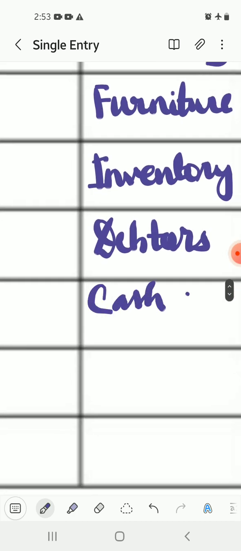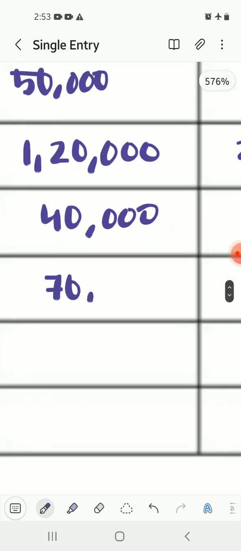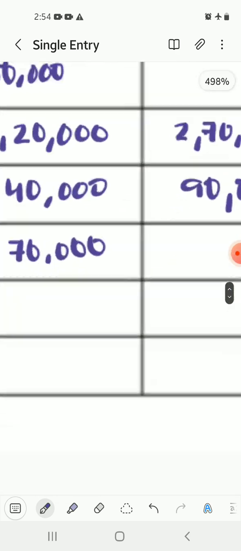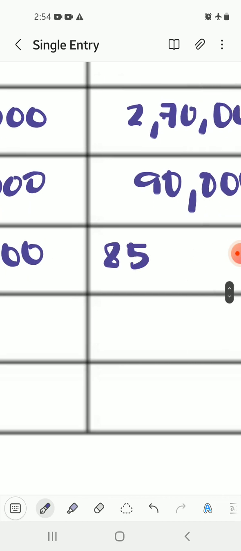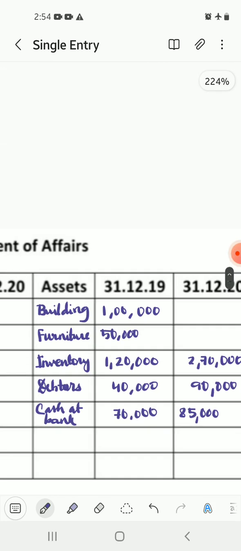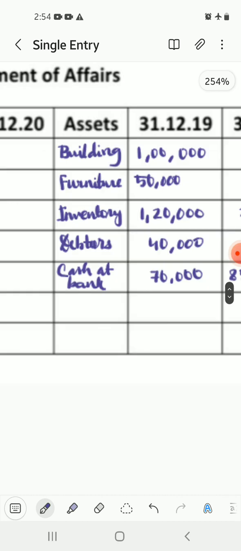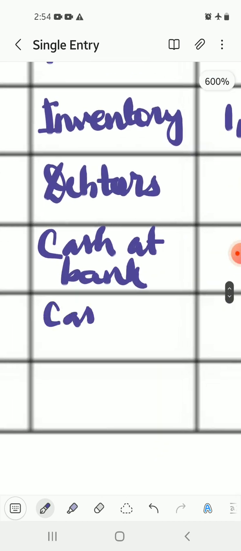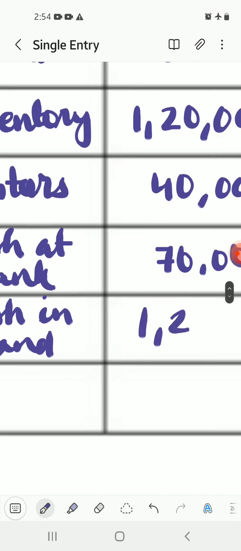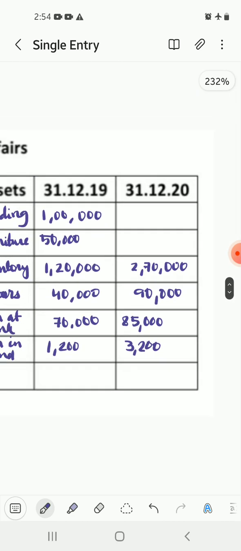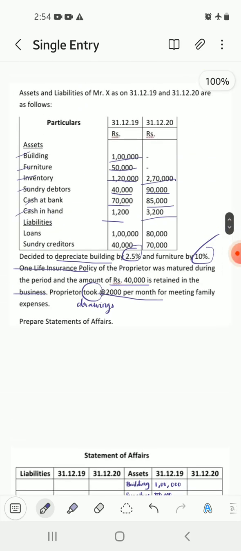So cash at bank 70,000, and the next year it was 85,000. Next we have cash in hand, 1,200 and 3,200. There are no other assets remaining, you can see.